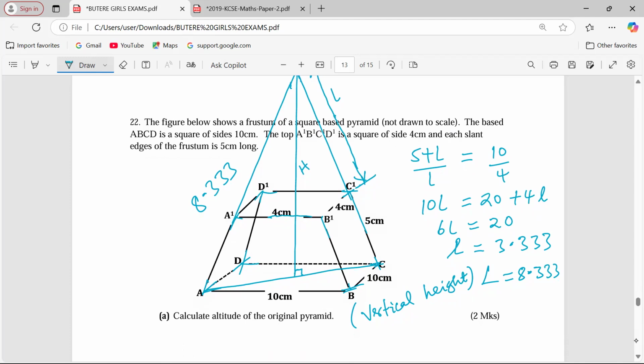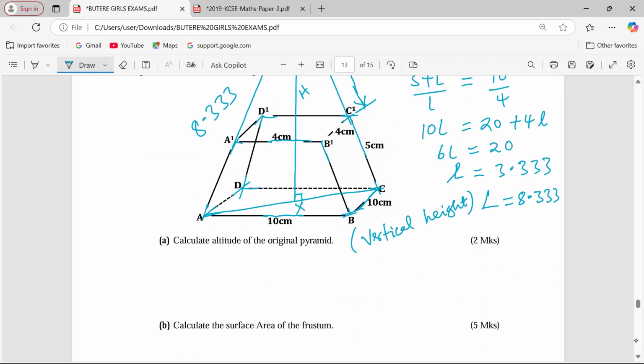So for us to get original height, we can get the length here from A to X, whereby we first apply Pythagoras theorem. 10 and 10, so that you get the length AC. So 10 squared plus 10 squared, the square root, we're getting 14.14 centimeters.